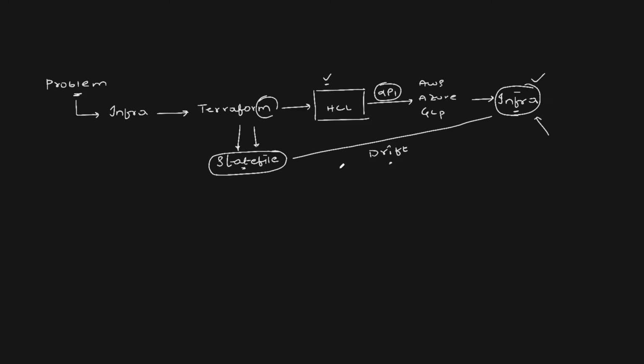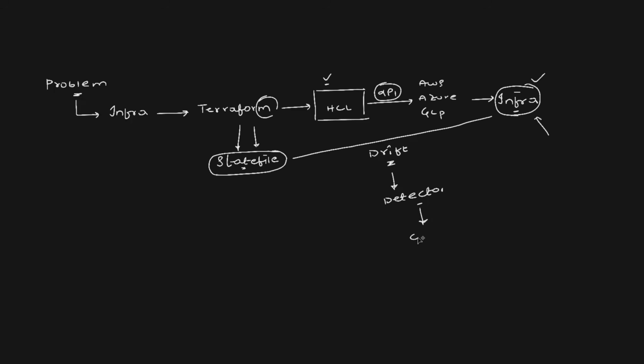Terraform does not have the latest information of the infrastructure on the cloud platform. And as I told you, this is a nightmare for DevOps engineers. Sometimes they take days to fix this. Because there is no official mechanism in Terraform at the moment, we are going to build this Terraform drift detector in today's video.